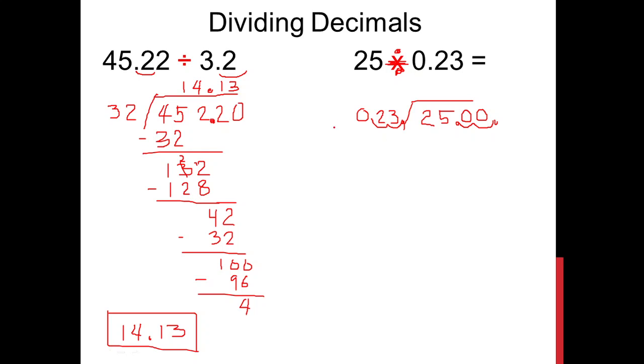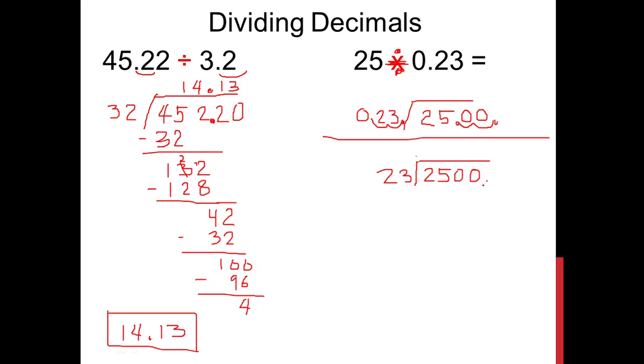Okay, so let me draw a line here. Then let's rewrite this one. So this becomes 2500, and then divided by 23. So notice that we do not have any decimal point here, although our decimal point is here, right?